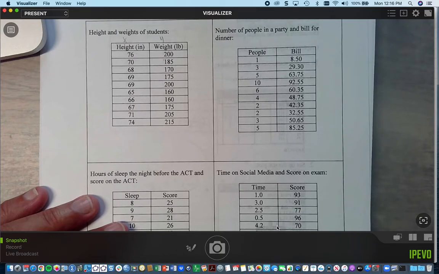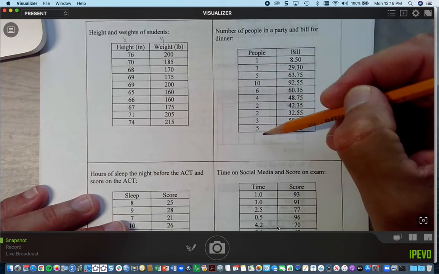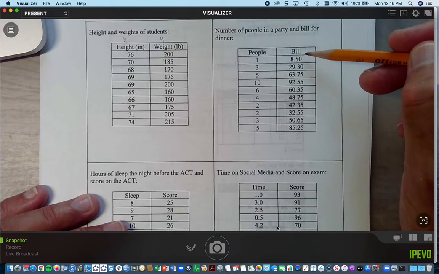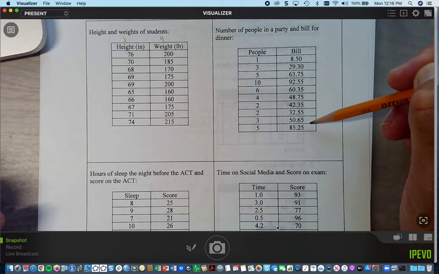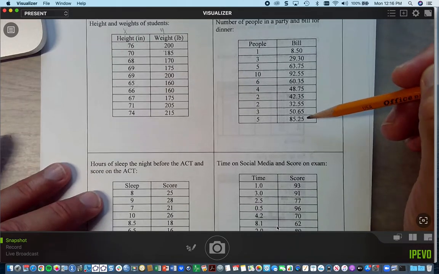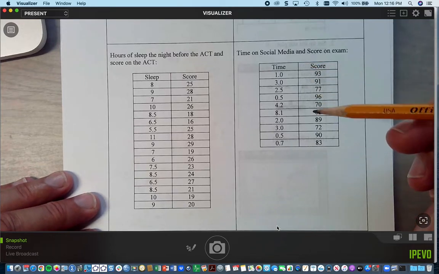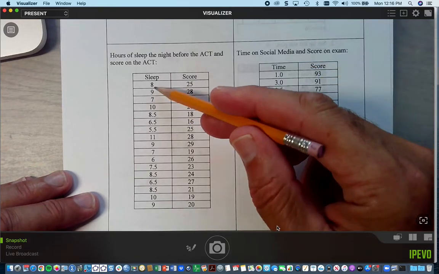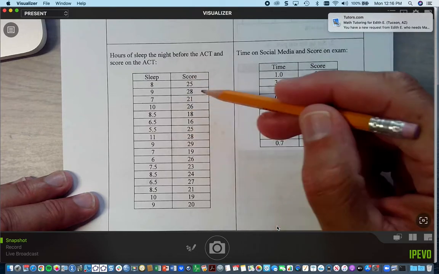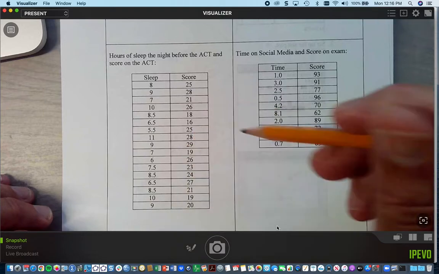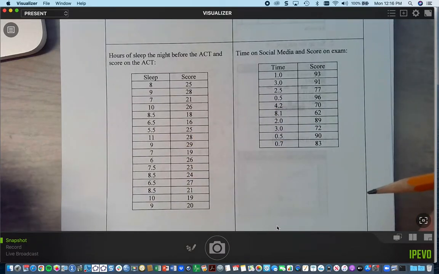It seems to me like the number of people in the party would be the explanatory variable, and how much their bill was would be the response. This one down here with ACT scores and hours of sleep the night before the exam, it seems like number of hours of sleep might explain the score, so we call this one the explanatory variable and this one the response. Now, it doesn't mean that one of them causes the other one. It's just that one of them would tend to explain the other one.